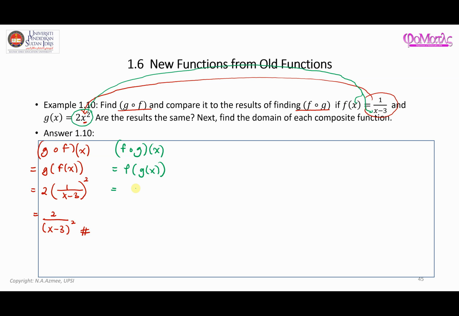We're going to write down 1 over, so instead of writing down x, we substitute x with 2x squared. So 2x squared minus 3, and that is already in its simplified form, so you don't have to do anything else. Just leave it as it is.